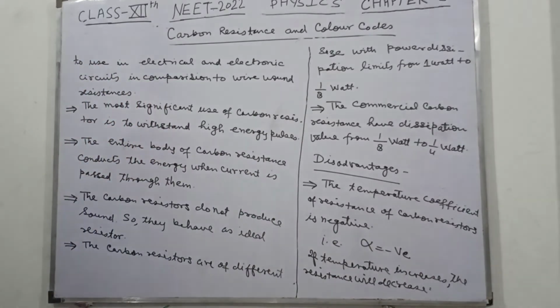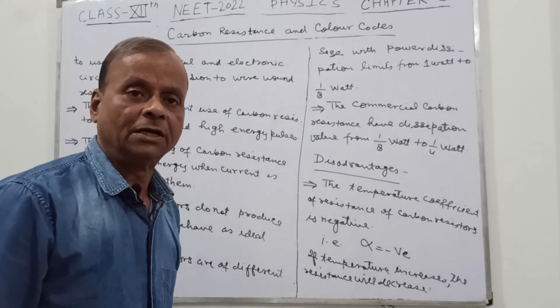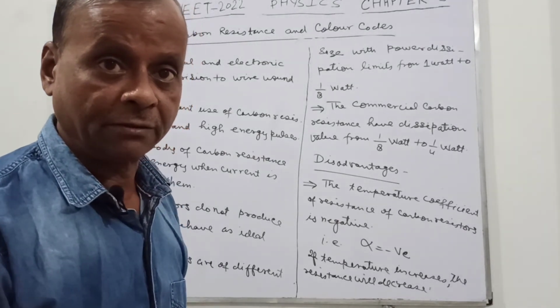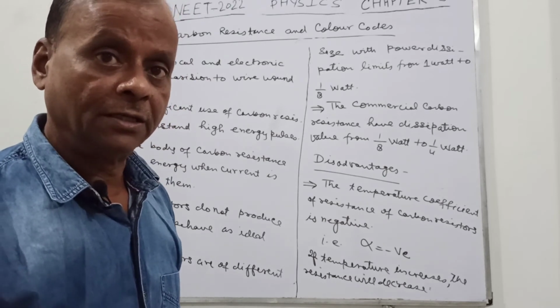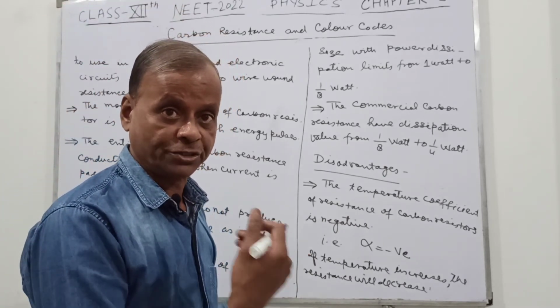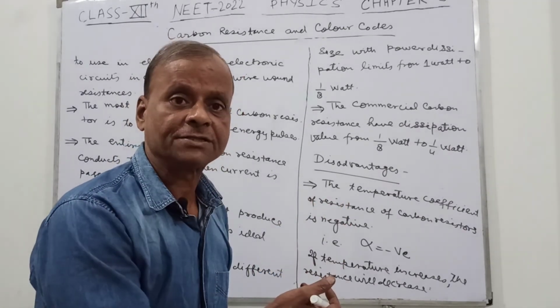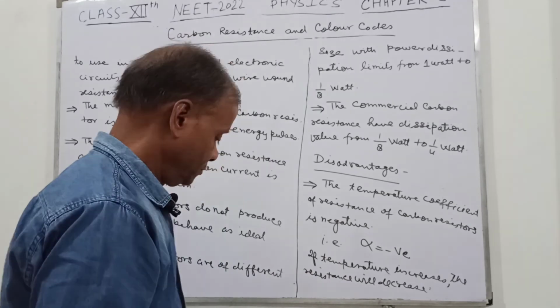This is the disadvantage, because in many electrical circuits when there is something damaged, the temperature of the circuit increases, and because of that the resistance goes down, and then this carbon resistor is not useful.